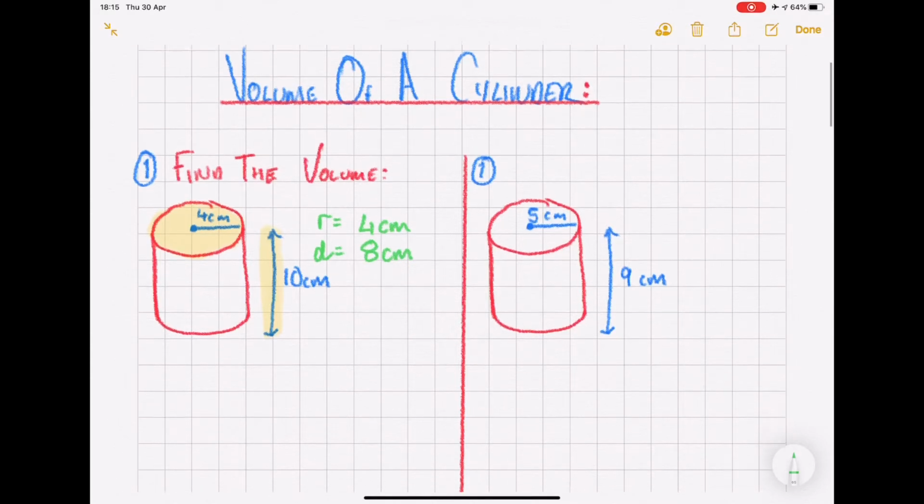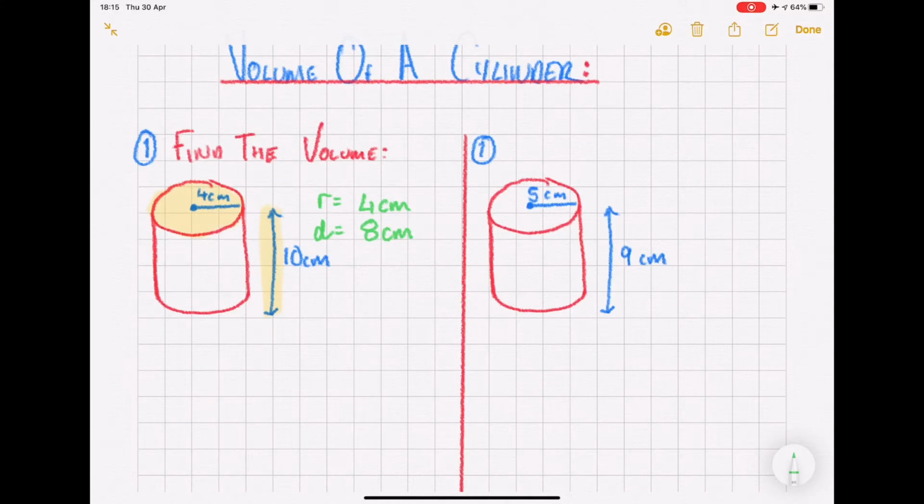Okay, so first things first, let's find the area of the circle. To do that, we use the formula area equals pi times r squared. If we substitute in 4 centimetres for our r, we get pi times 4 squared. Area equals pi times 4 squared, which is 16.